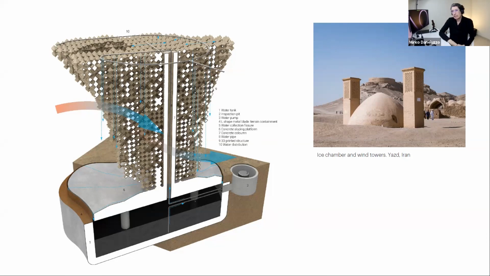The porosity of the object allows the wind to flow inside, and through a process of evaporation, it cools down the air. So hot air passing through is slowly and gently cooled.